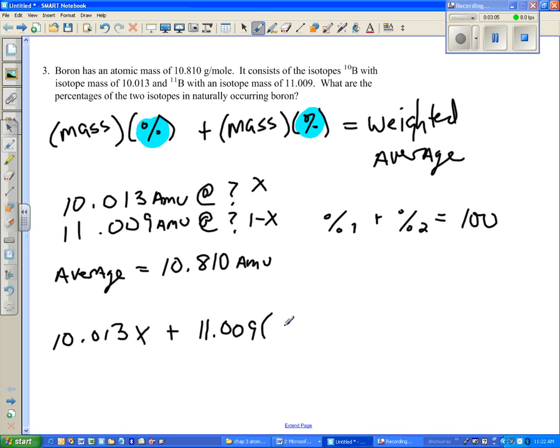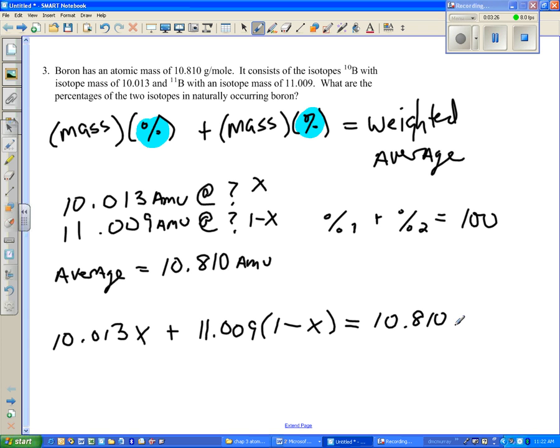And we're going to multiply that by 1 minus x. And the whole thing should equal 10.810. And all of these masses should be followed by AMU. So now we need to pretty much solve for x.